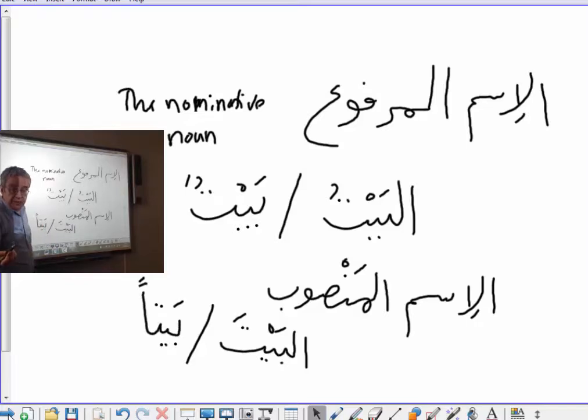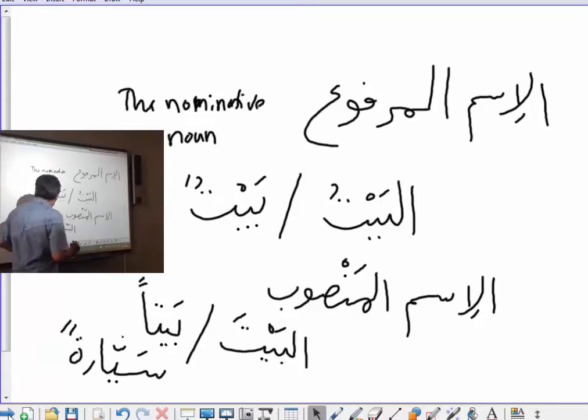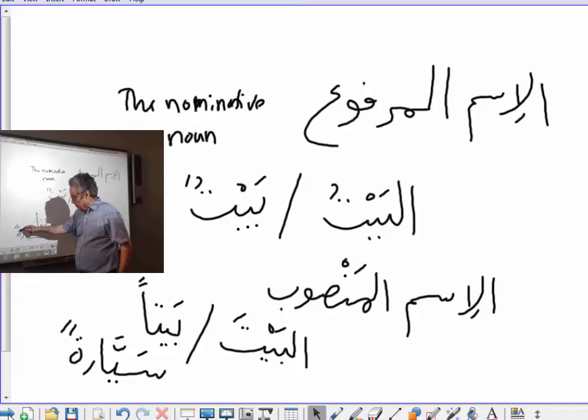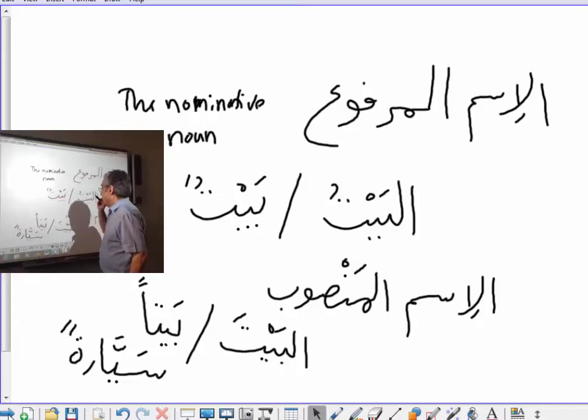Remember also that if the noun ends with ta marbuta, we don't put this alif. So if I say, for example, sayyarat, the reason is that the ta here doesn't accept any alif. And the last thing here, we have al-ism al-marfu' and al-ism al-mansub.